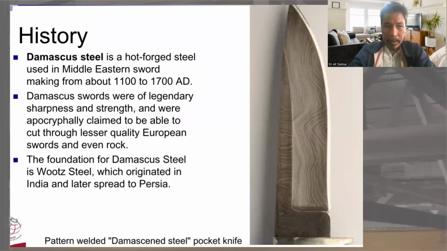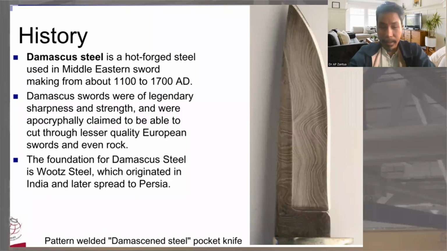After which, Damascus steel is a hot forged steel used in Middle Eastern sword making from about 1100 to 1700 AD. So 1100, our country was not yet discovered by Spaniards.